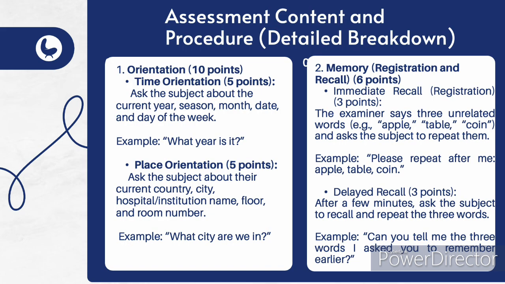Memory, 6 points. This includes immediate recall, where subjects repeat 3 unrelated words, and delayed recall, where the words are recalled several minutes later. For example, "Can you tell me the 3 words I asked you to remember earlier?"